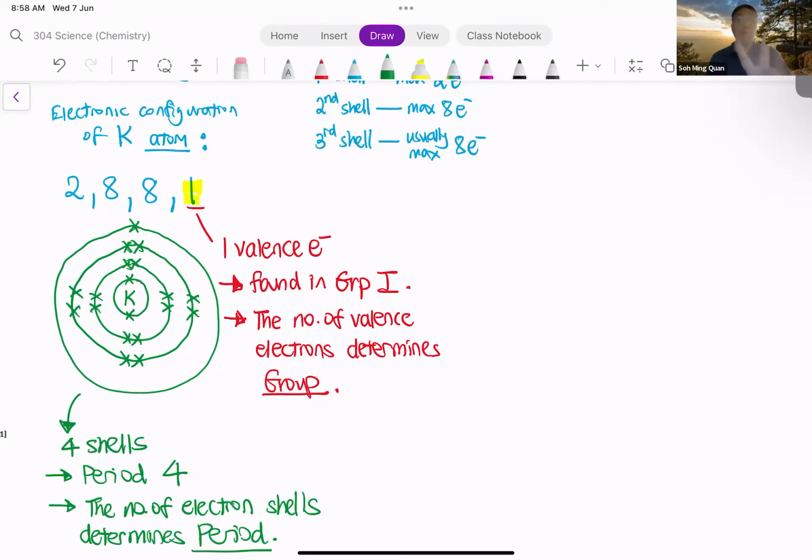Just based on writing the electronic configuration, you can work out the group and the period.